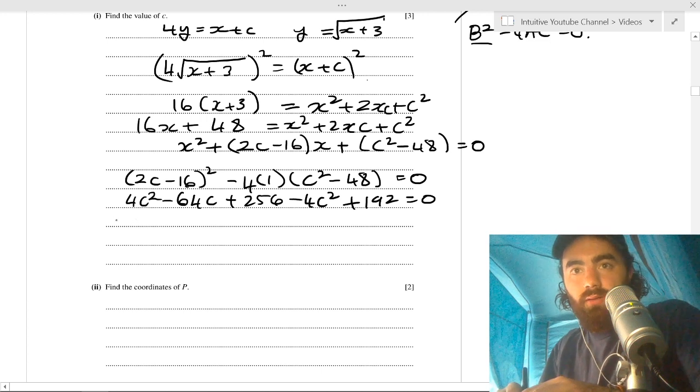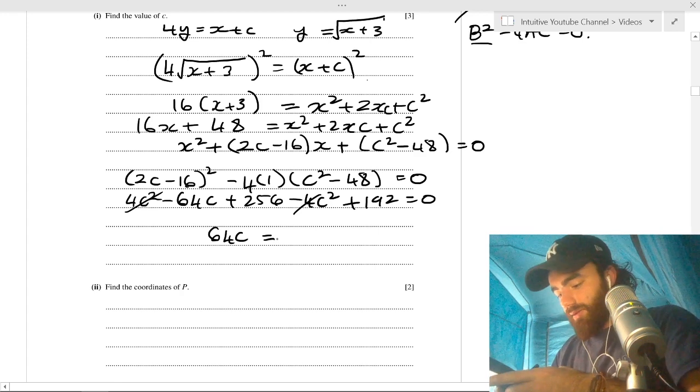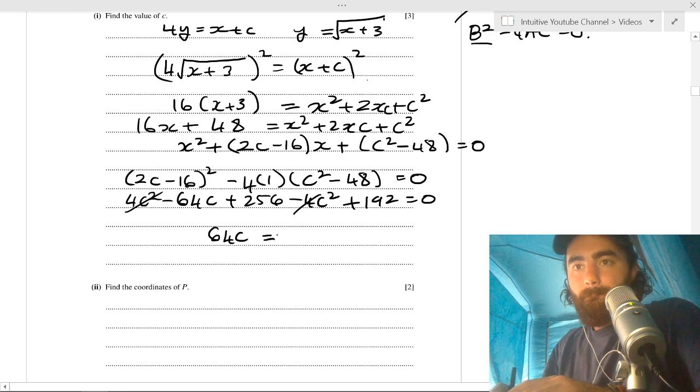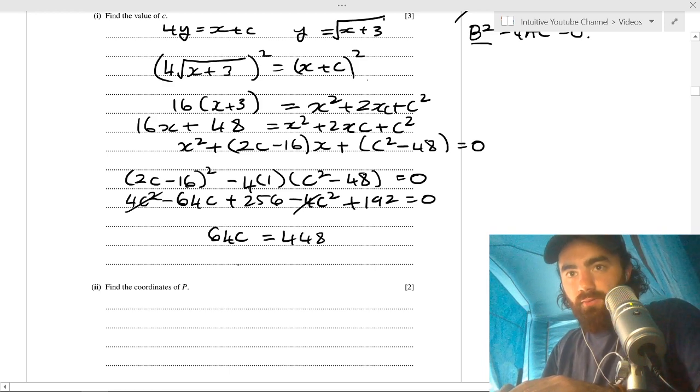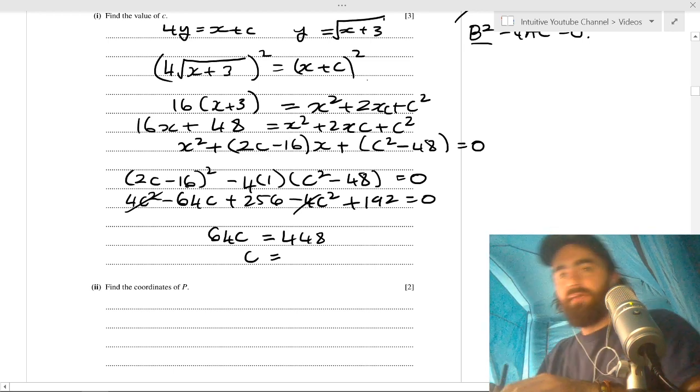So we simplify this down, the 4c squared terms cancel, and we get a final equation of 64c equals 256 plus 192, which is 448. So we get a c of 7.